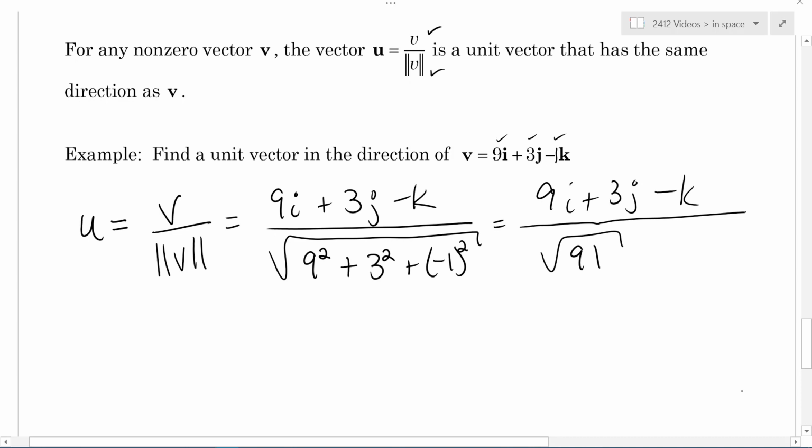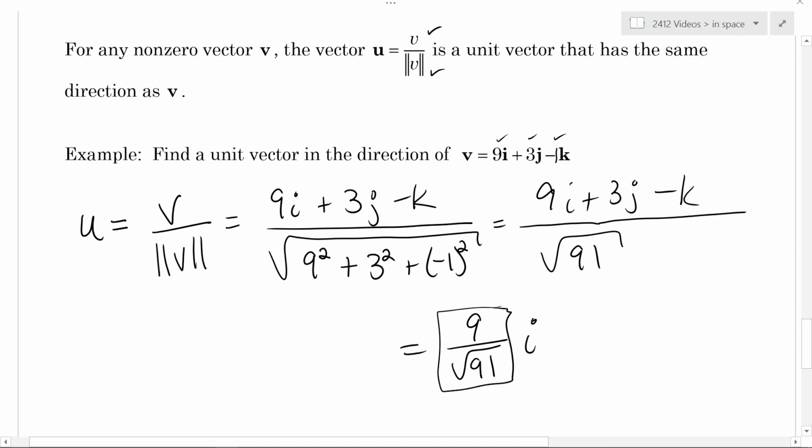Now what we want to do is have all 3 different numbers in front of those components. So I don't want to leave it as that vector divided by that. I would like to divide that square root of 91 into each component. So 9i divided by the square root of 91. So now this becomes the new x component, the new number in front of i.